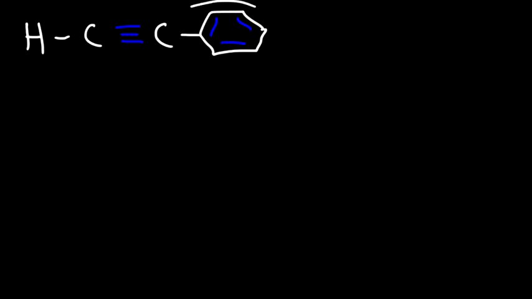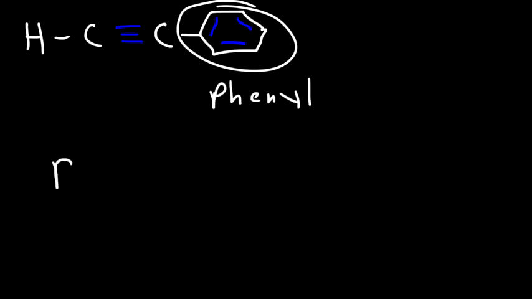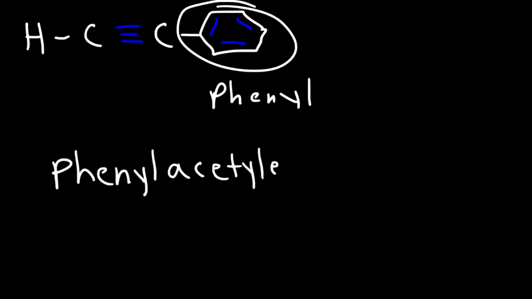So notice that whenever you have a benzene ring as a substituent, it's called phenyl. So to name this, it's simply going to be phenyl acetylene. And for the common name, you need to write it as one word. So if you see me put a space, it really should be together as one word. So just keep that in mind.